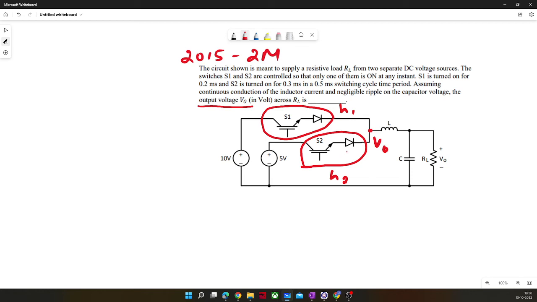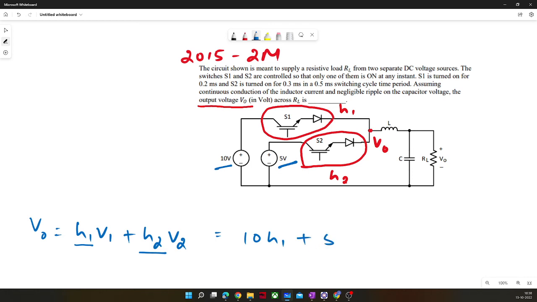Earlier, you would have got confused if you saw two voltage sources here, but now you know that it is very common in switching circuits that you write V naught directly as V naught is equal to H1 V1 plus H2 V2, right? Now you just need to calculate H1 and H2 because you know V1 is given as 10 volt and V2 is given as 5 volt, right? So I can write 10 H1 plus 5 H2.